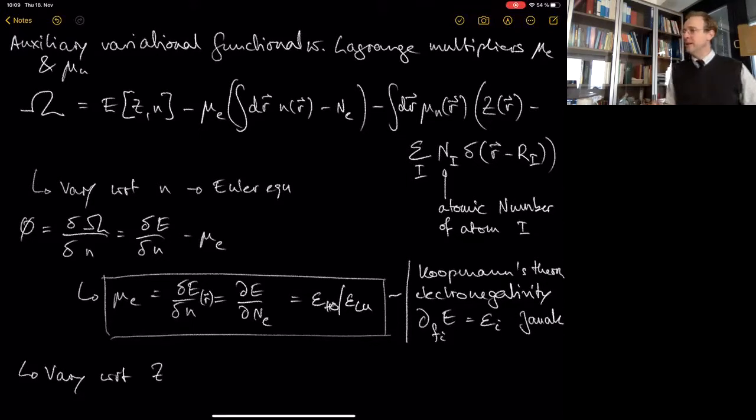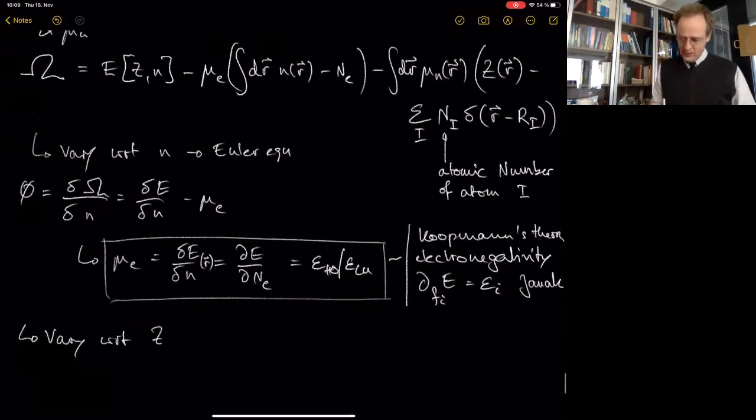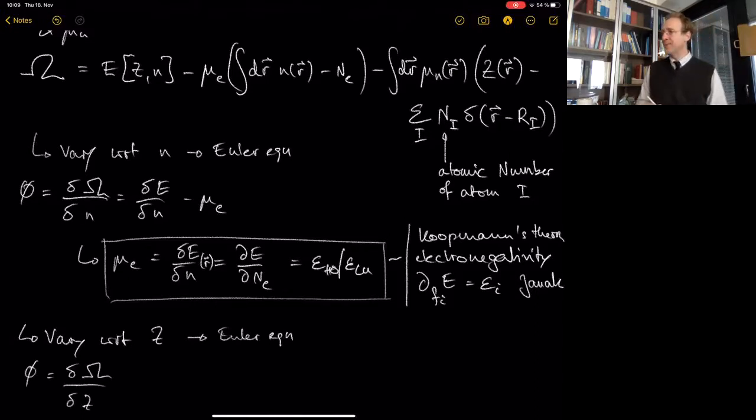And also here, of course, you get an Euler equation, and 0 is the functional derivative of omega with respect to Z. And then, of course, you have the energy with respect to your classical proton distribution.